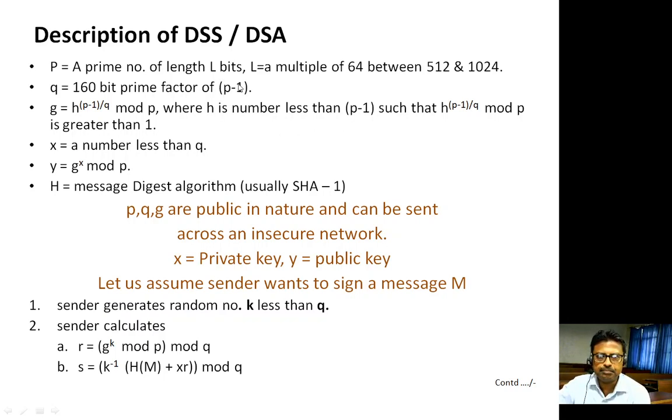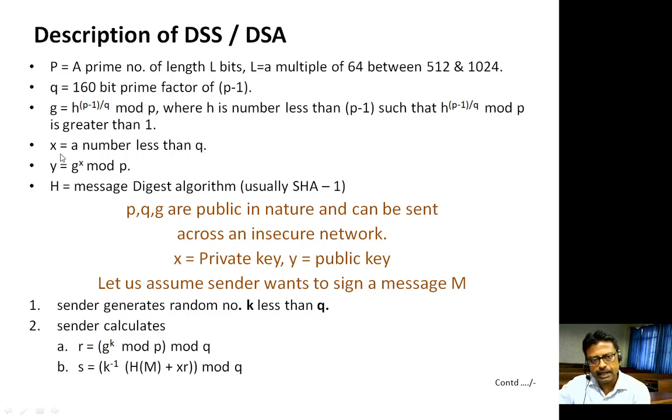Any value less than P minus 1 can be H, but it should be selected such that H to the power (P minus 1)/Q mod P is always greater than 1. So three variables P, Q and G are assumed.